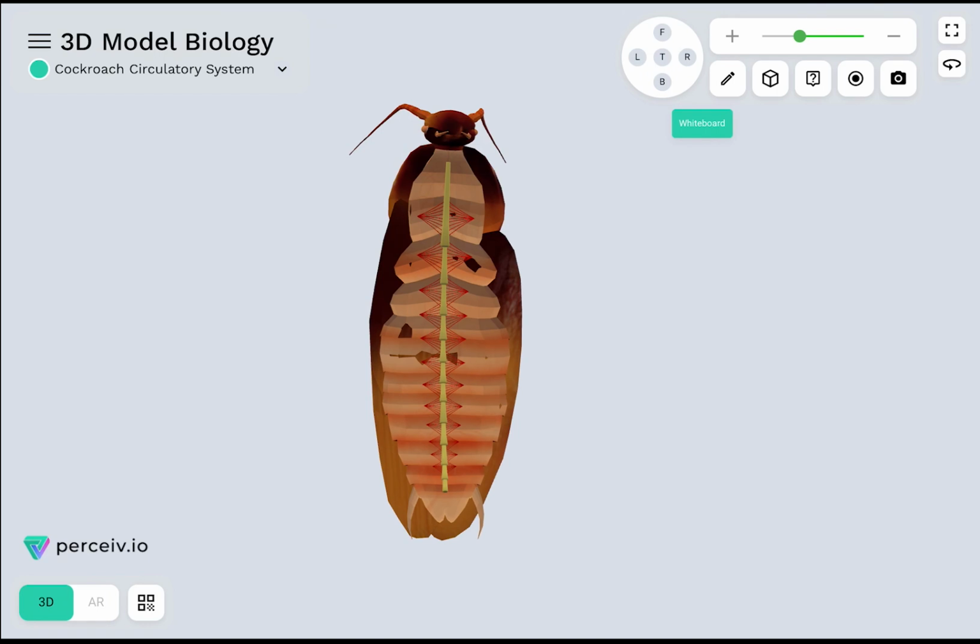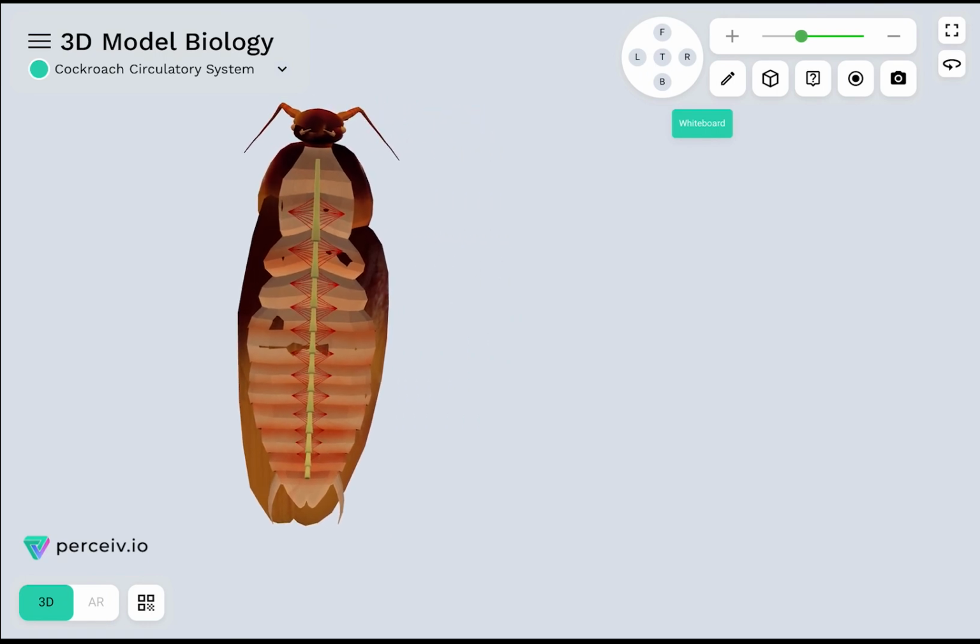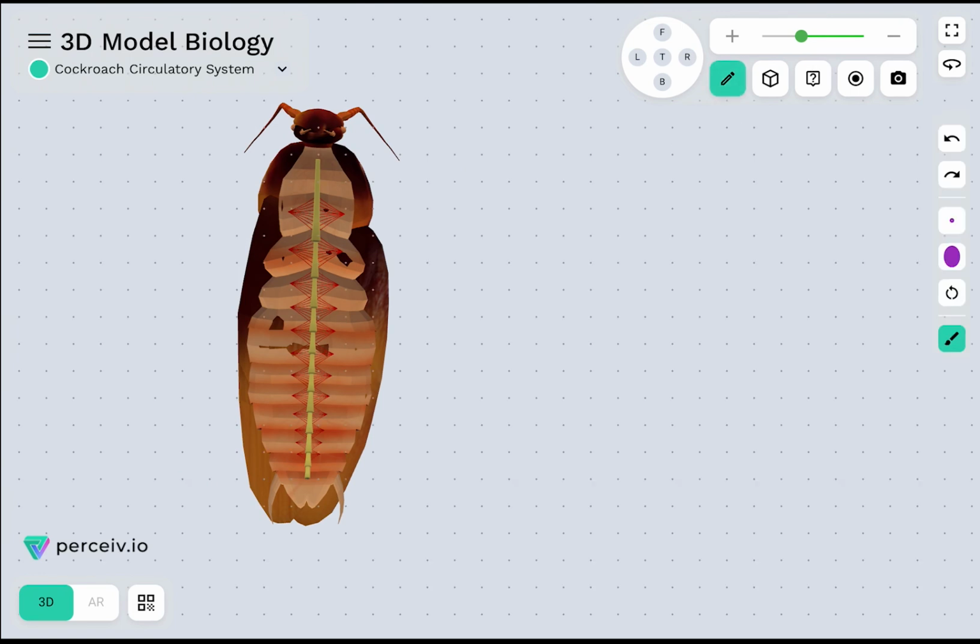So let's start with some of the basic features first. When we talk about the circulatory system of cockroach, the very first important point to note is that the blood vascular system in cockroach is considered to be of open type.